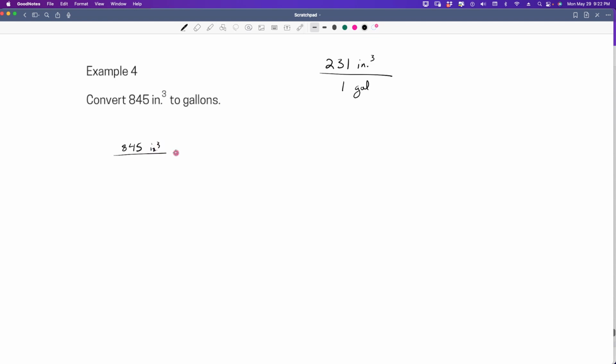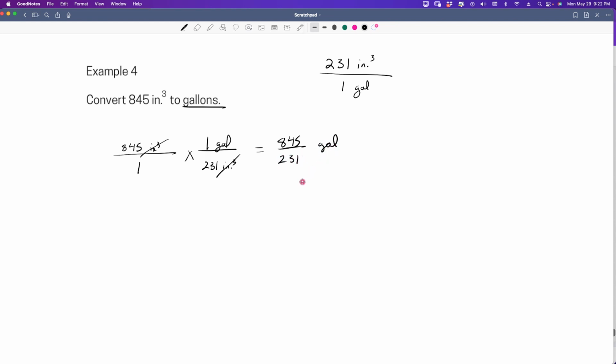And inches cubed is what I want to cancel because I want to take it to gallons, right? So I'm going to put gallons in my numerator, 1 gallon. That's the unit of measure I want it to be. And I'm going to put 231 inches cubed in my denominator. So that allows me to cancel inches cubed as a unit of measure. So what I ended up with is 845 divided by 231.